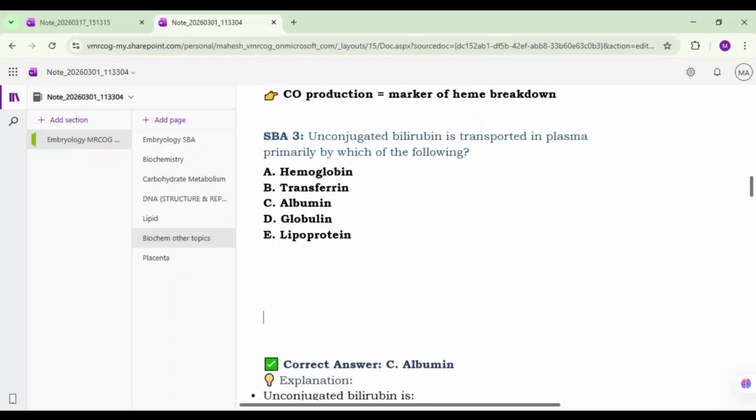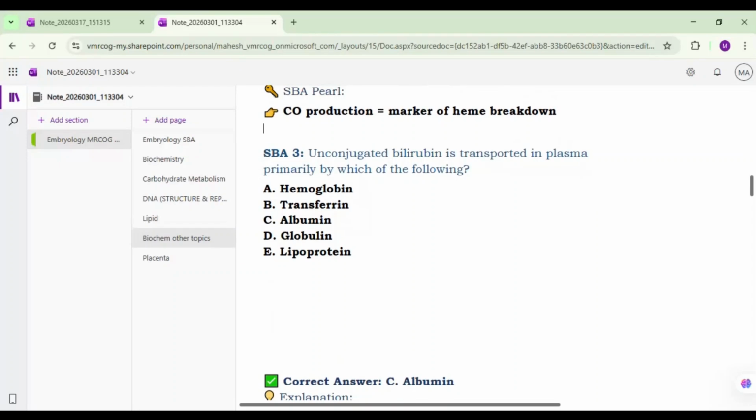Okay, next. Unconjugated bilirubin is transported in plasma primarily by which of the following? Hemoglobin, transferrin, albumin, globulin, or lipoprotein.